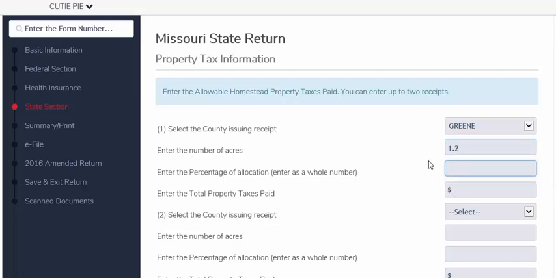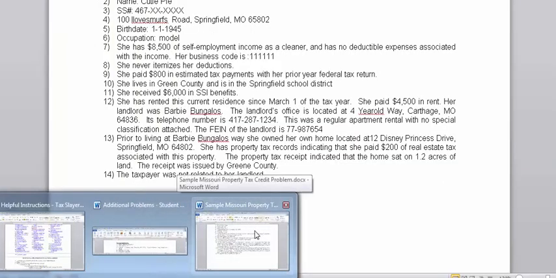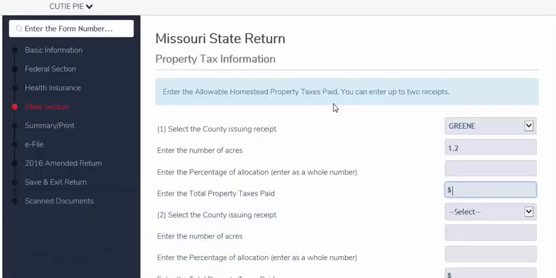So if we had more than one person living here, or more than one taxpayer living here more specifically, we would have to allocate it out. Enter the total property taxes paid, and those were $200. Okay, and so we're done with the property tax information.